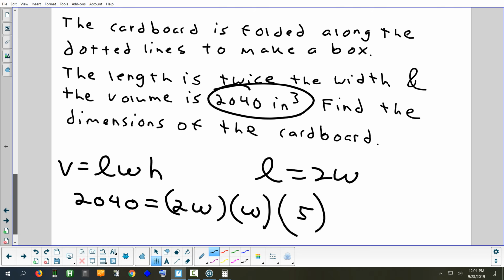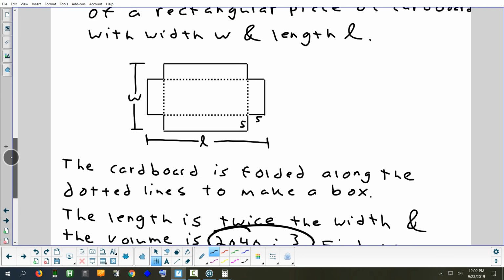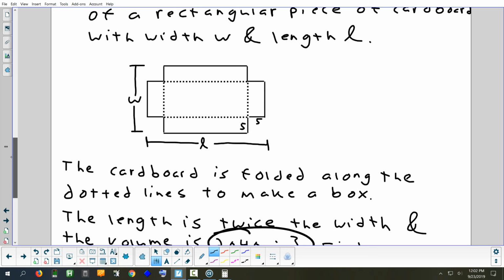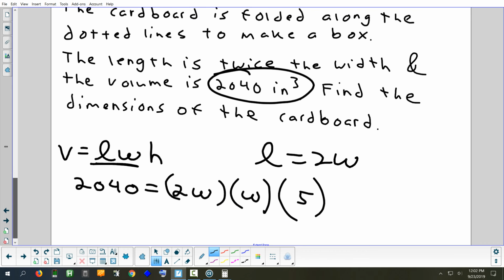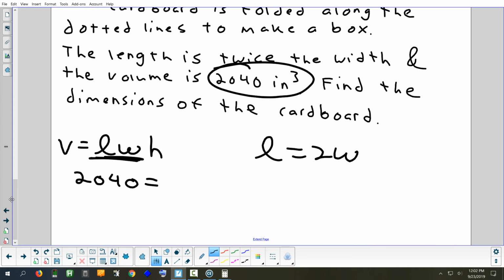That volume, does that represent the volume of the original piece of cardboard, or after you fold it into a tray? After it's transformed. Right. So this length and width is after you made it into a tray, so it's minus 5, right? So we got to be a little bit careful. This fact that L is 2W, I think that's still something we can use.